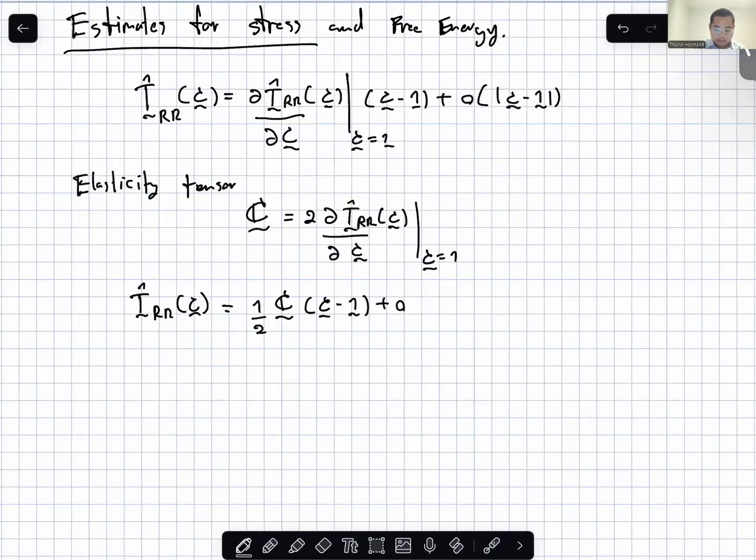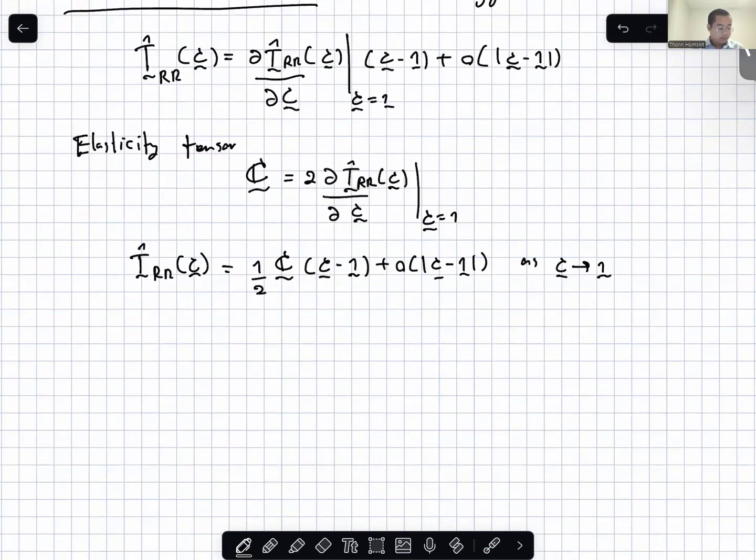And again, we carry that little o to this expression too, as C reaches 1. So we estimate around C equal to 1, right?